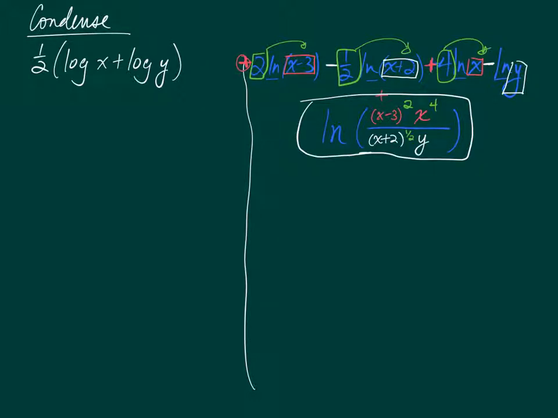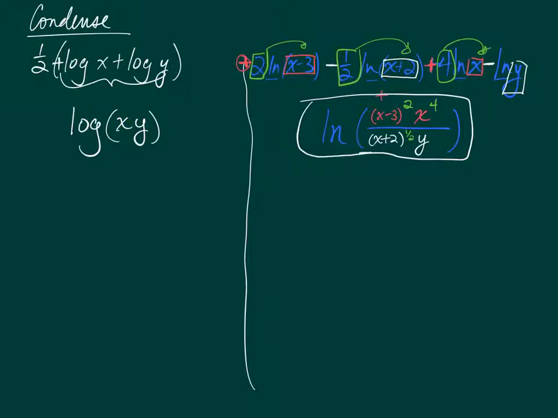Either way, you'll end up with the same answer, and both ways are good ways to do it. How my mind works, I want to combine these logs first. These are both positive logs, so when I condense them, x and y will both be in the top of a fraction. But if there's nothing going in the bottom, we don't really need to write a fraction. We can just write them next to each other like this.